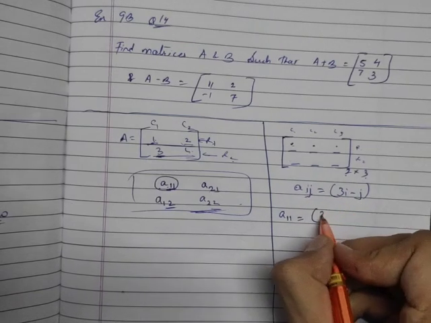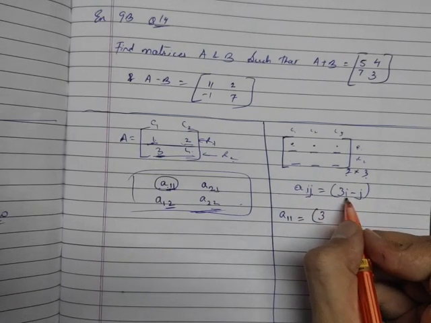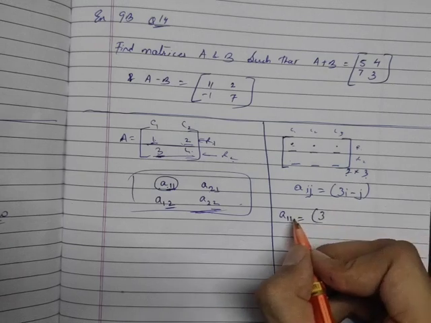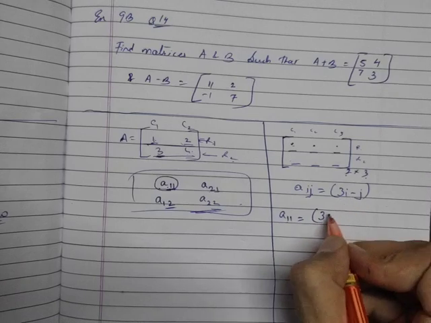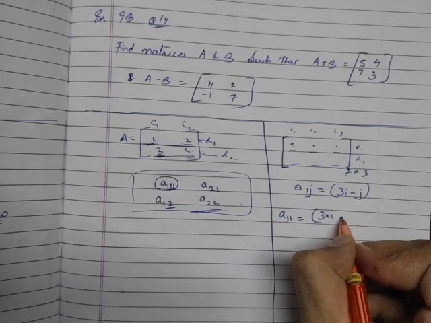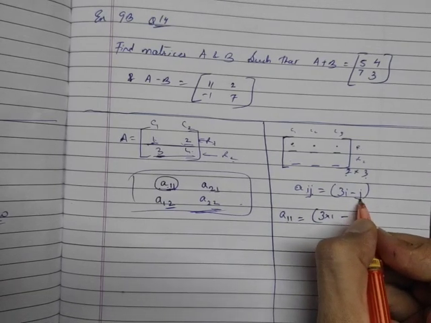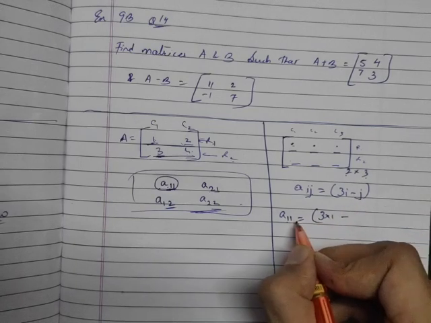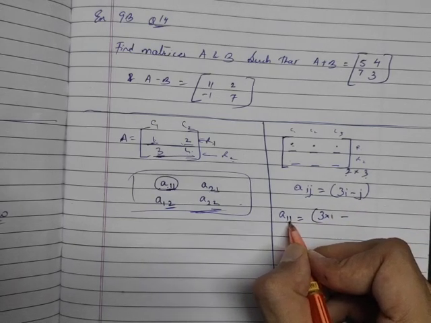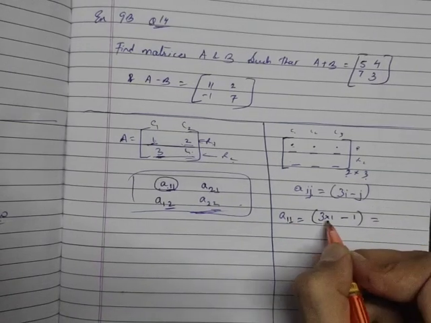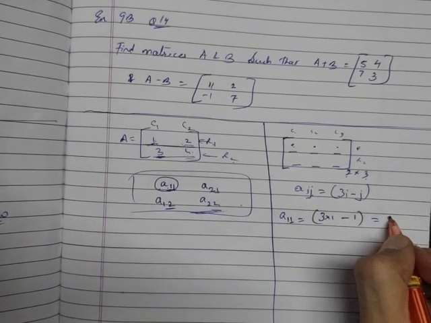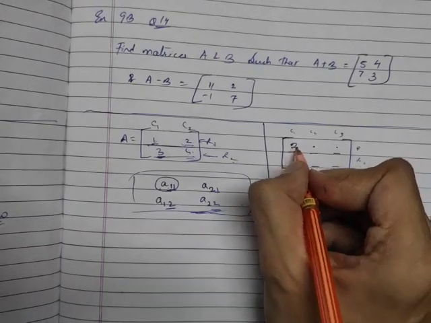What is my i value here? 1. So 3i, that is 3 into 1, minus, as it is, j, which is the column number. What is my column number here? 1. So if I solve this, it is 3 minus 1, which is 2. So my first element is 2.